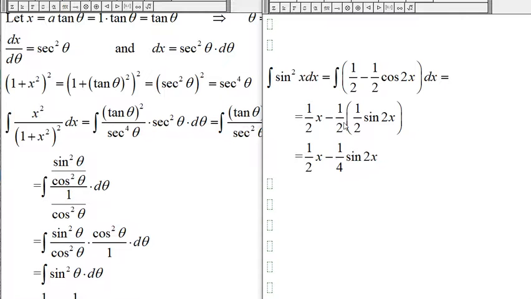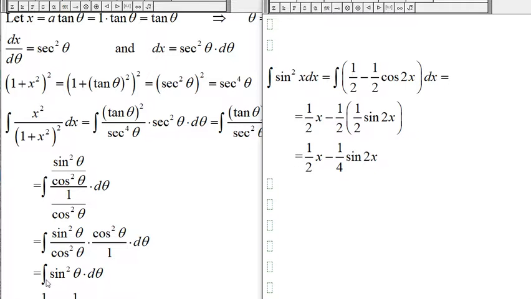And then here we get minus 1/2 times the integral of cosine of 2x, which is 1/2 sine of 2x. And so we end up with 1/2 x minus 1/4 sine of 2x.